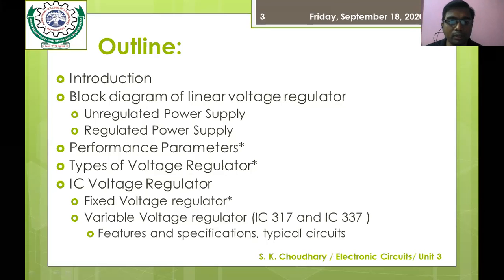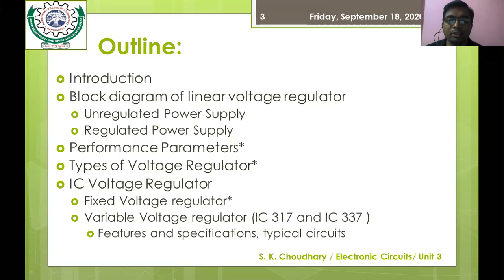First of all, we will introduce the power supply, then the block diagram of the linear voltage regulator, and as part of this, the two types of power supply, unregulated and regulated, which we will learn, along with performance parameters of the power supply and types of voltage regulator.